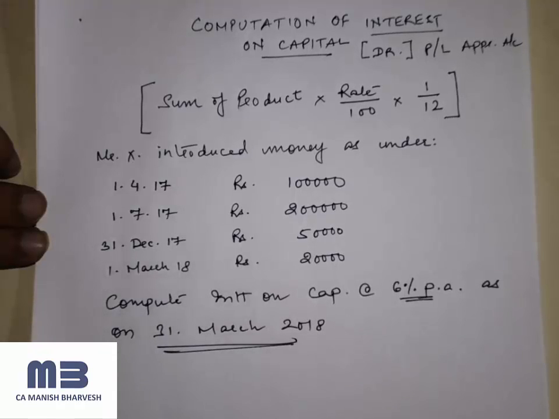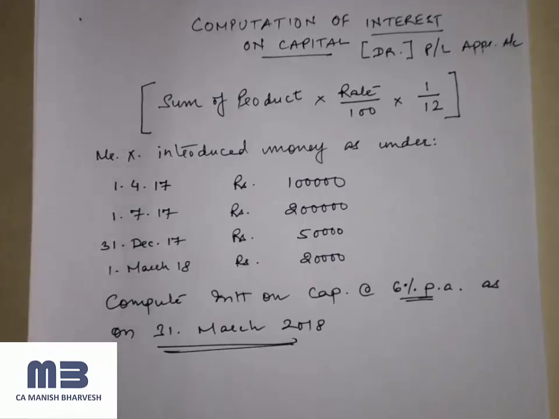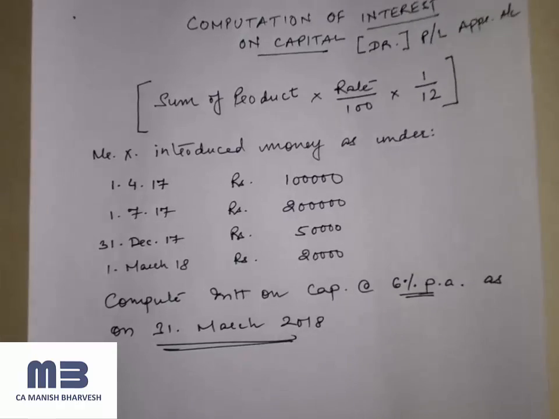This is the most important part, that when we are going to compute our interest on capital. So now I'm going to solve this particular question. Before that, please write it down so that we could continue with the solution.